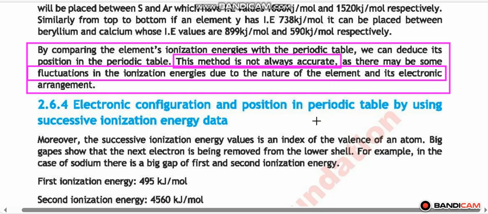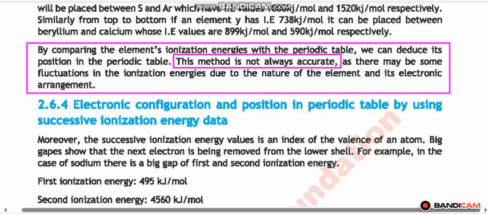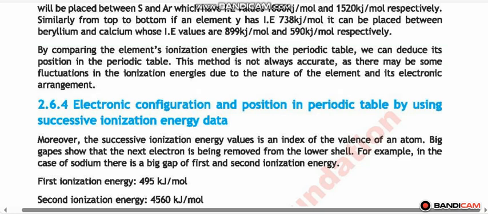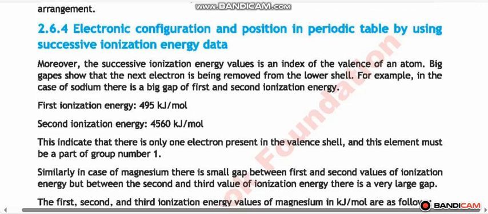Students, here in this paragraph it is stated that although it is a very effective method to place an element according to its ionization energy, since there are discrepancies or anomalies in the periodic table, sometimes it becomes difficult to place that element in the given periodic table. Hence, this is not a 100% accurate method.